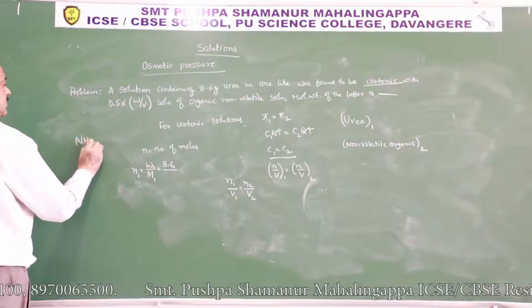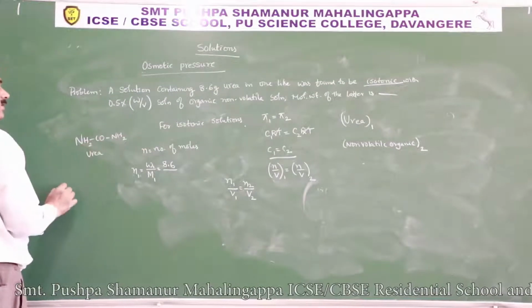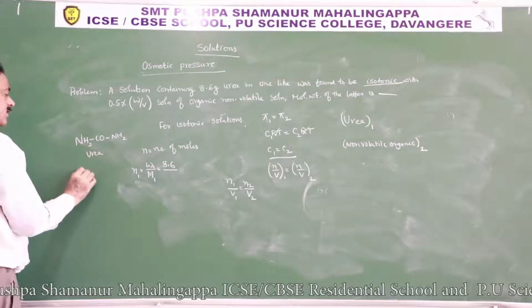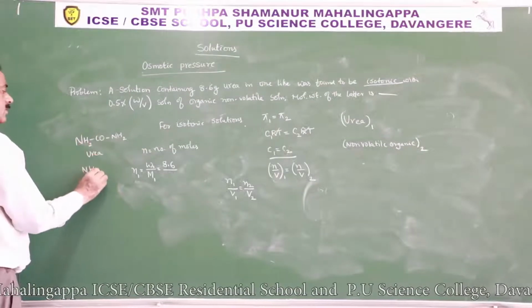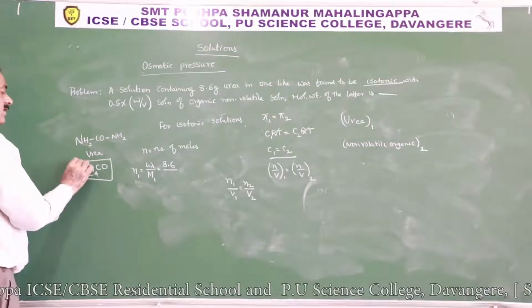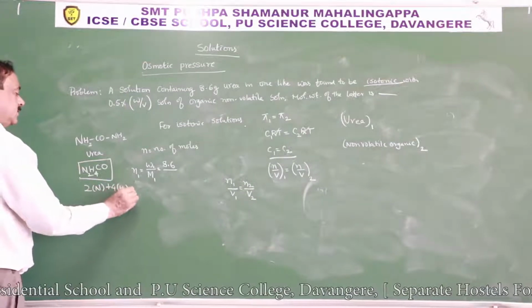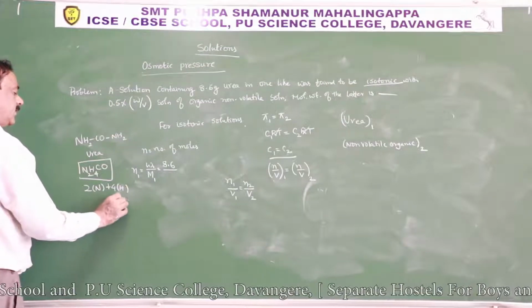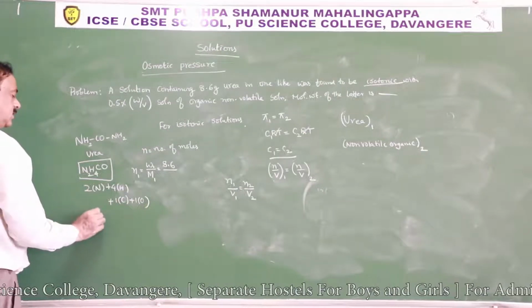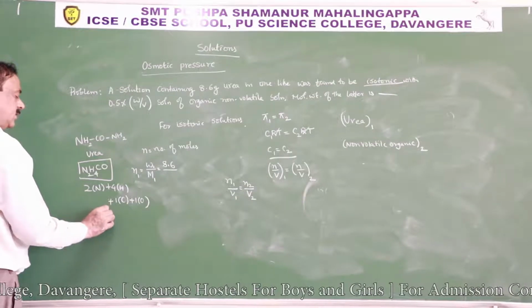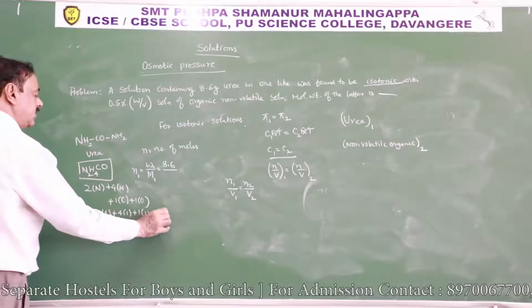Urea is NH2CO NH2. Nitrogen repeats two times, so the empirical formula is N2 H4 C O. That is 2 times nitrogen, 14, plus 4 times hydrogen, 1, plus 1 times carbon, 12, plus 1 times oxygen, 16.